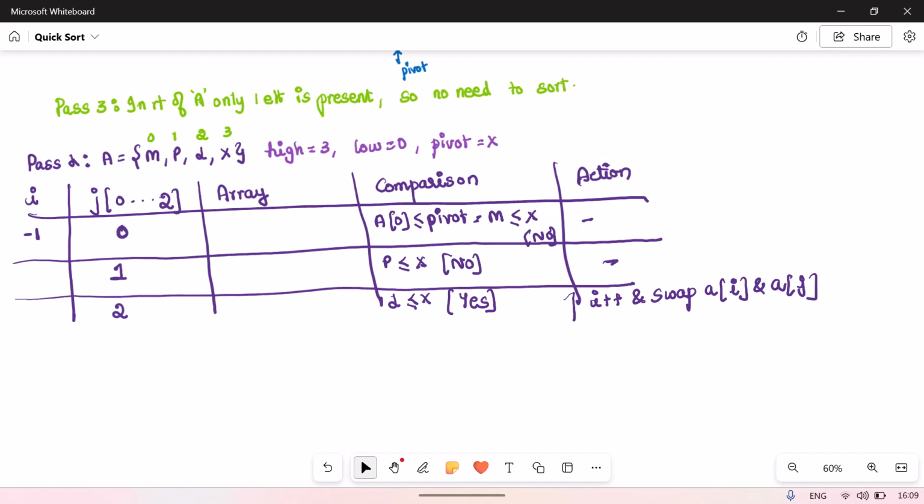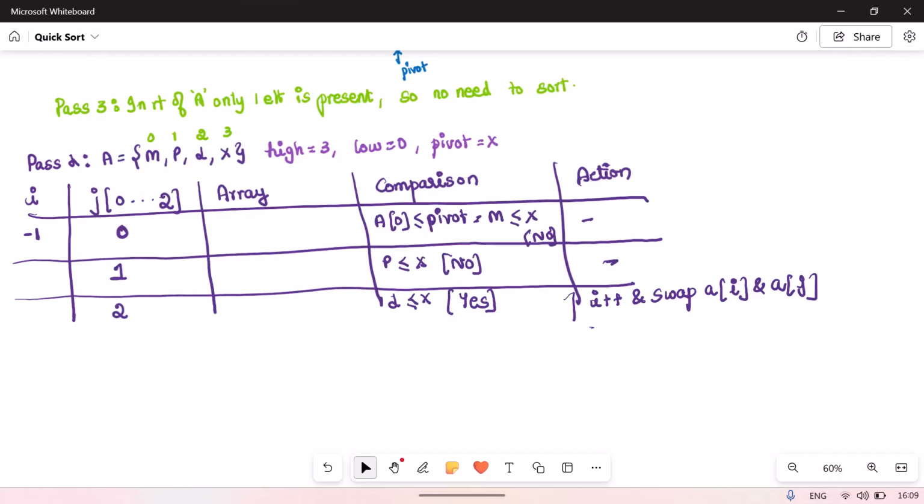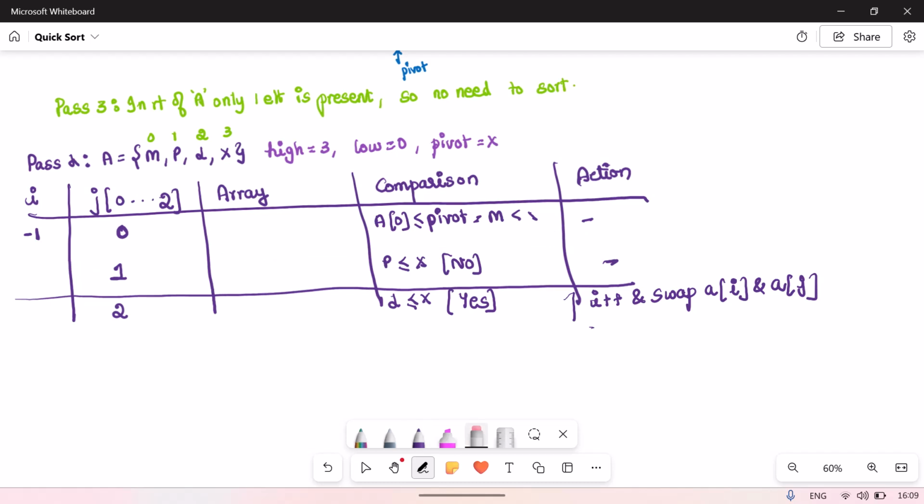I is right now -1. So, I will become 0. When you check for M less than or equal to X, M is less than or equal to X, right?